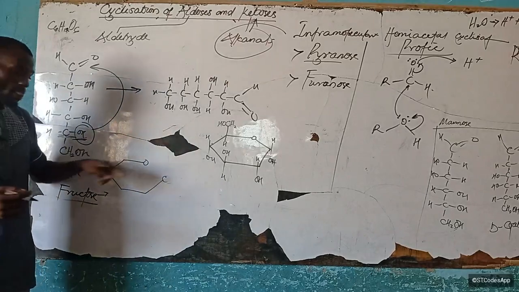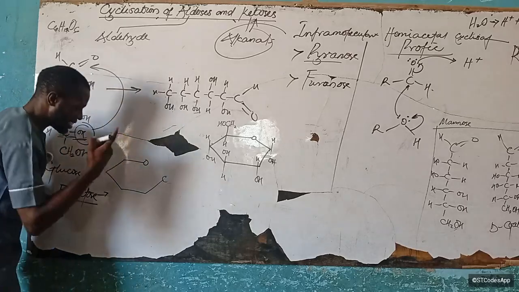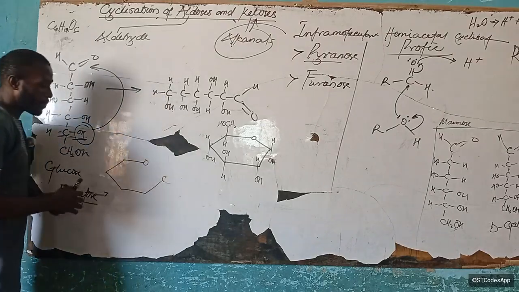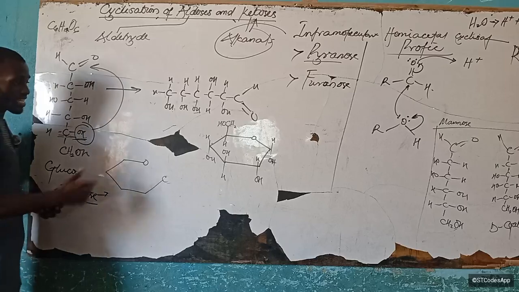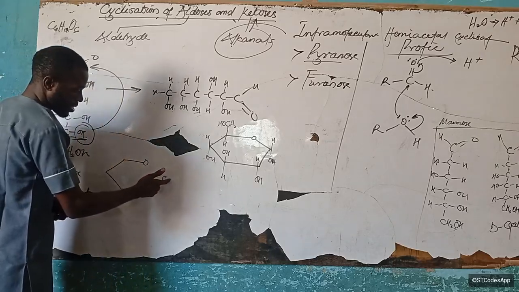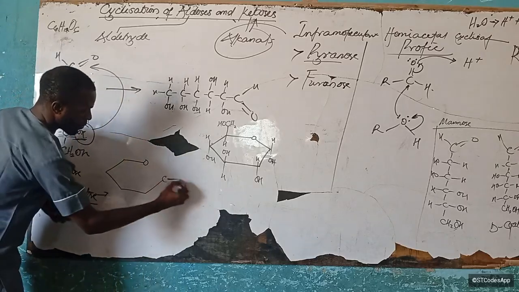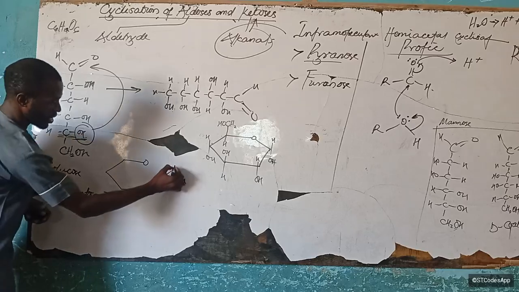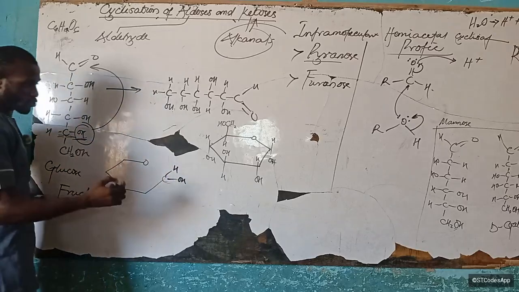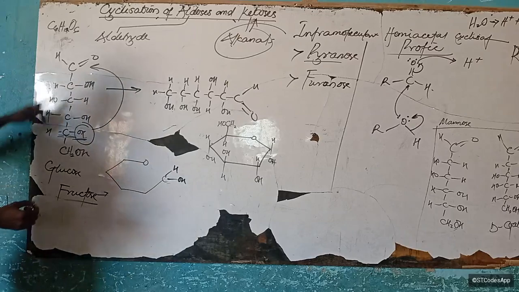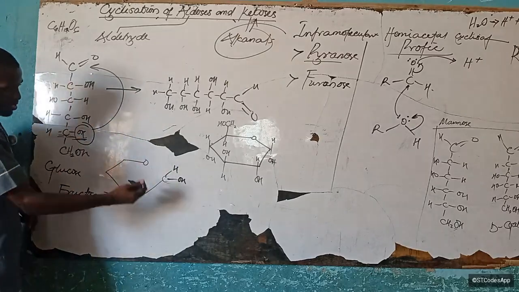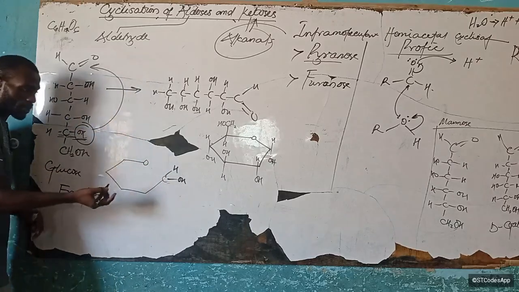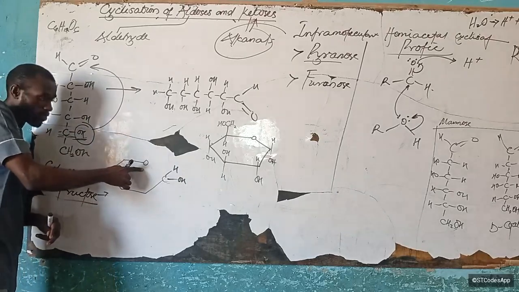to this O. So when it does that, remember that the carbon was already attached to OH and H. Okay? So what it wants to do is, before we form this, remember that it was a double bond that was attached to this oxygen.